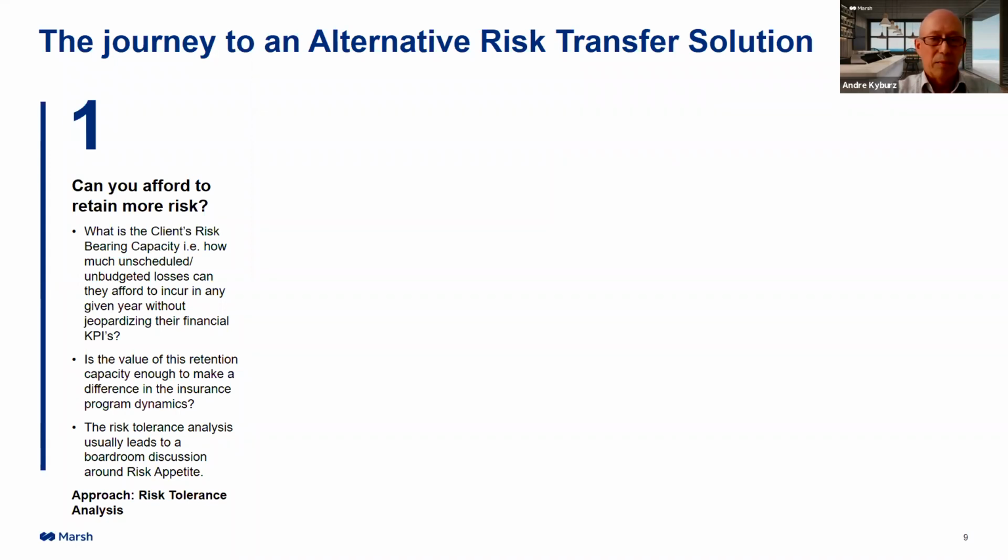Sometimes we just do a desktop financial analysis of the latest annual reports, where we can see how certain KPIs of the company would be impacted if they took on more risk or retained more risk. So this is all about risk tolerance and risk appetite.